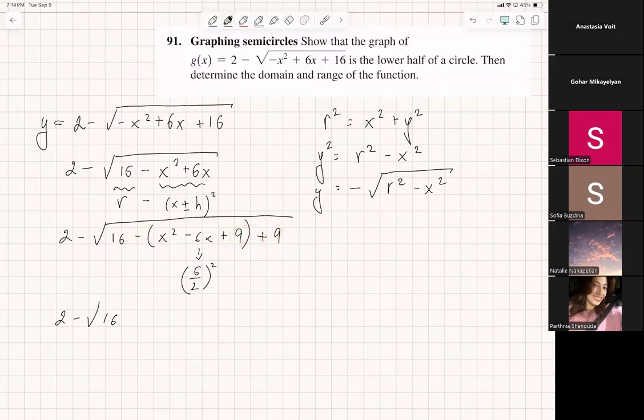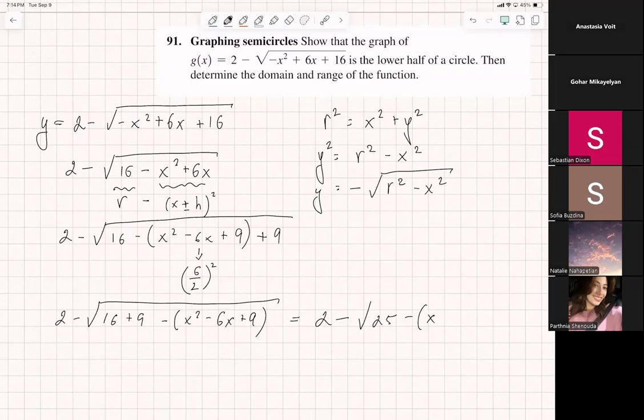Okay, so what I need to do right now is combine these 16 and 9, right? So I have 16 plus 9 minus, I have this x squared minus 6x plus 9 here. Now let's simplify everything. So I have 2 minus the square root of 16 plus 9, that's 25, minus, what do we have in the parentheses?